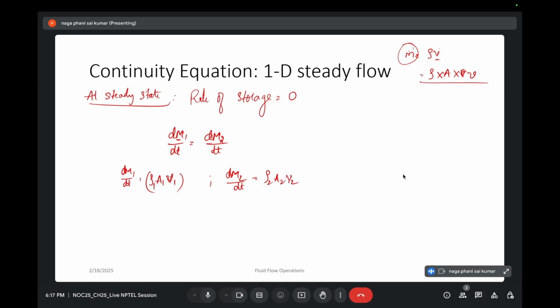Here V is velocity. If you substitute them, we get ρ1 A1 V1 equal to ρ2 A2 V2, which is constant. That means mass rate of flow is constant.